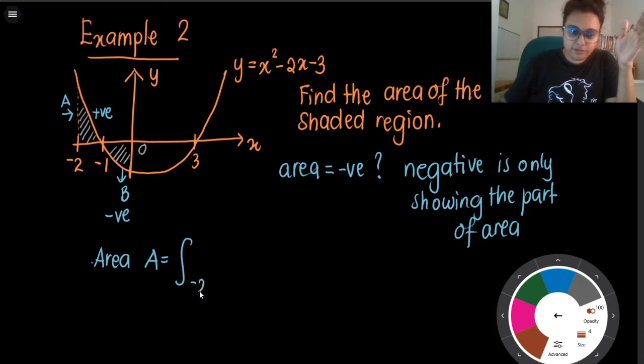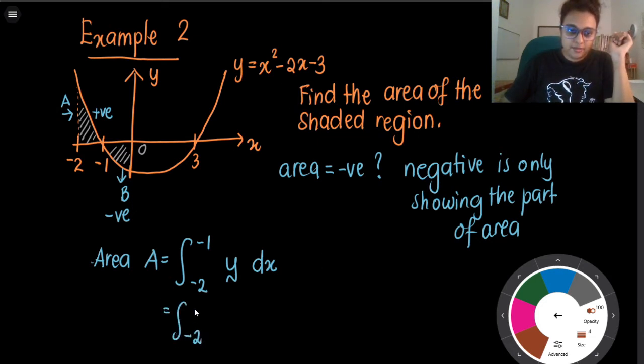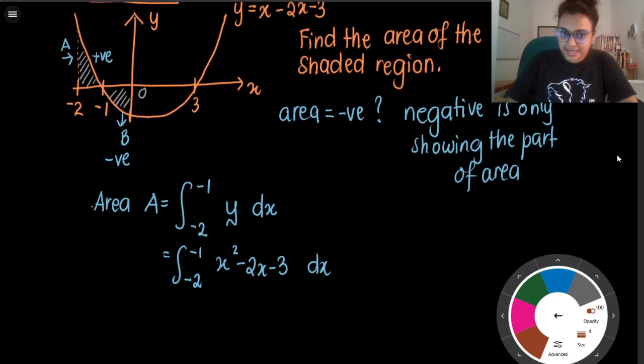So I write -2 all the way to -1. Since this is on the x-axis, I write my dx first, then I write y. So what is the given y here? The given y is x squared minus 2x minus 3. So substitute as that.